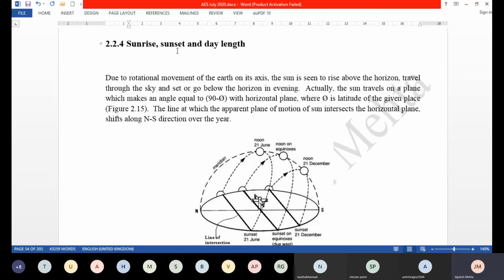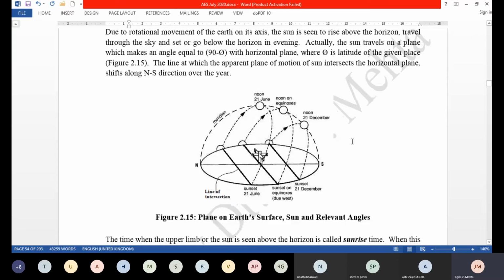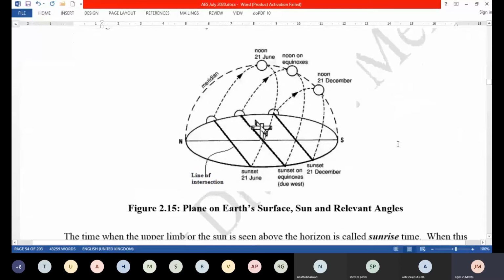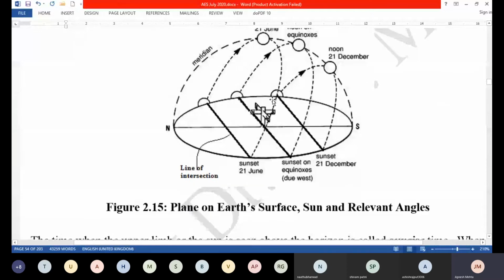And the second reason is that the number of hours for which you get the energy is also less. Sunrise and sunset time, the day length, is less. So this is one of the reasons why we are interested in finding the day length here. Okay, so here the path of the sun in the sky on different days of the year is shown.